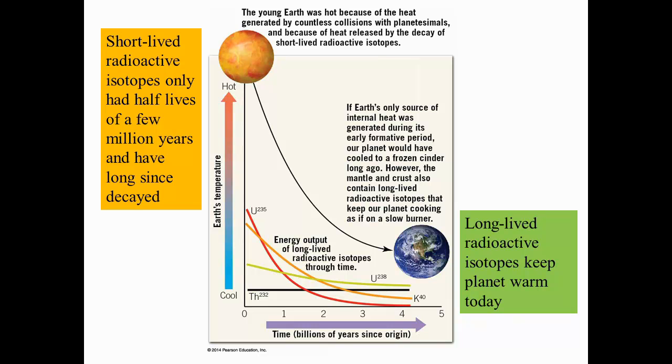However, the mantle and crust even today contain what are known as long-lived radioactive isotopes. And it's the decay of those long-lived radioactive isotopes like uranium-238, uranium-235, and potassium-40 that keep our planet warm within the interior even today.